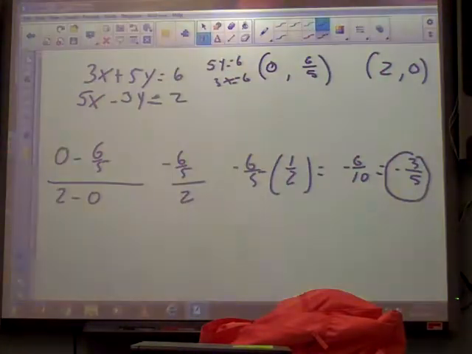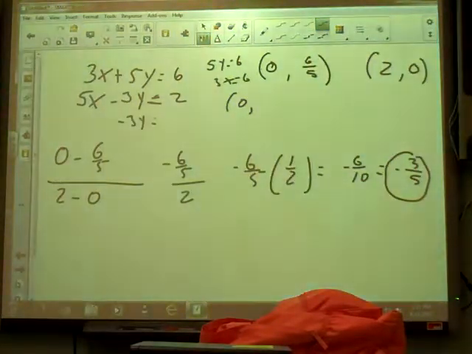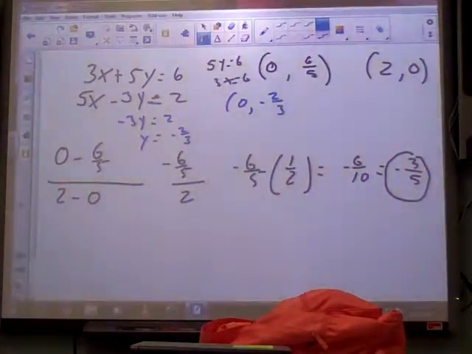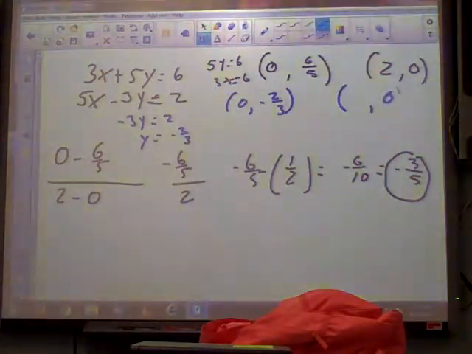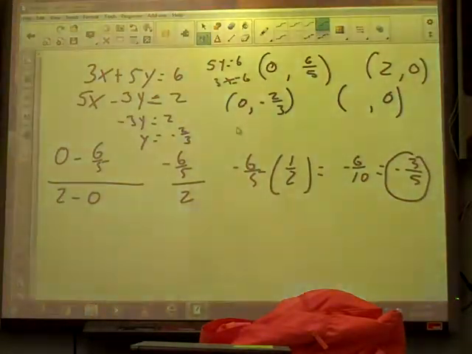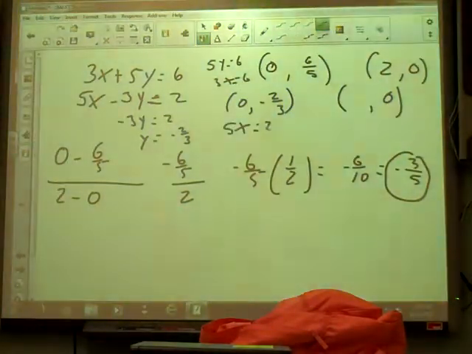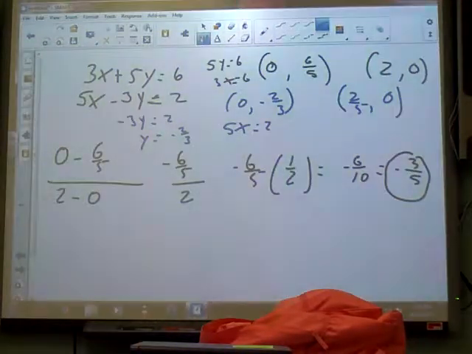All right, here I'm going to plug a 0 in for my x. That leaves me with negative 3y is equal to 2, which means y is negative 2/3. Now I'm going to plug a 0 in for my y. That leaves me with 5x is equal to 2, which means x is 2/5. Okay?